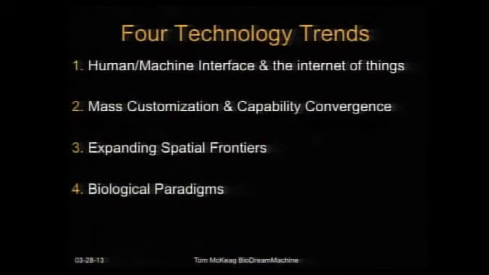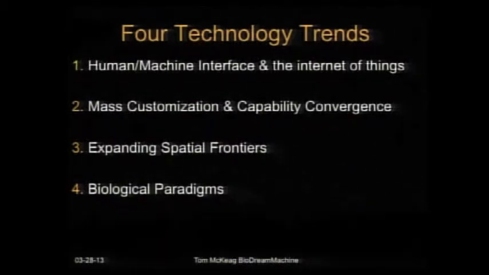We have expanding spatial frontiers in our society and in our technological world. And then finally, 4, some biological paradigms. Biological paradigms, in other words, ideas from nature that become memes, become concepts for design, problem solving, are becoming more and more important.